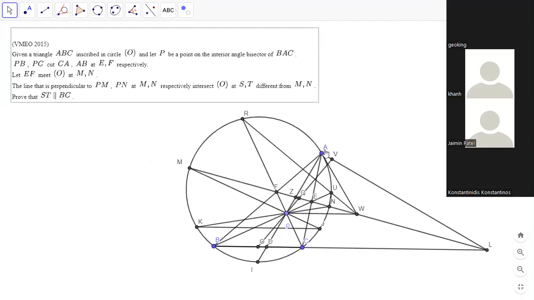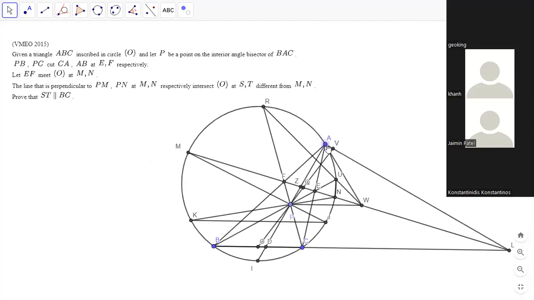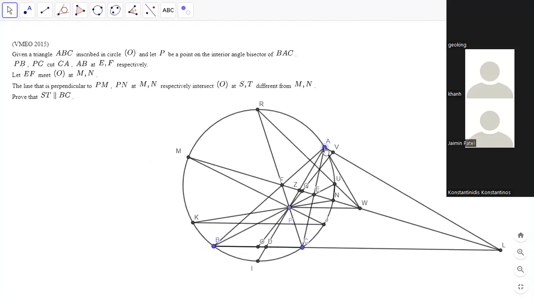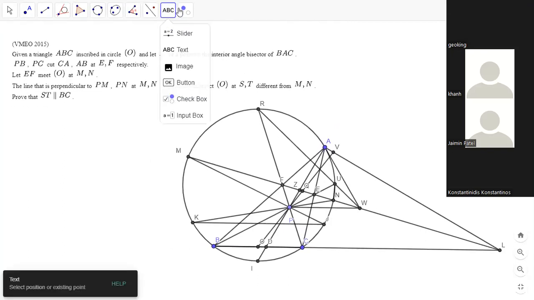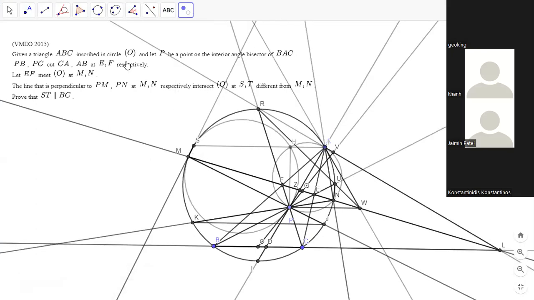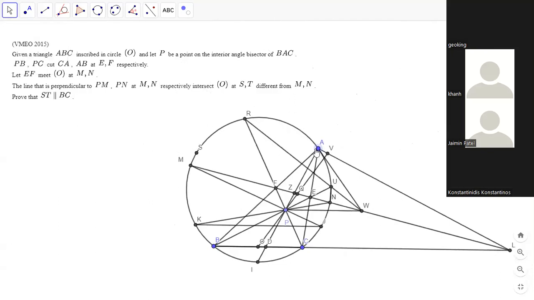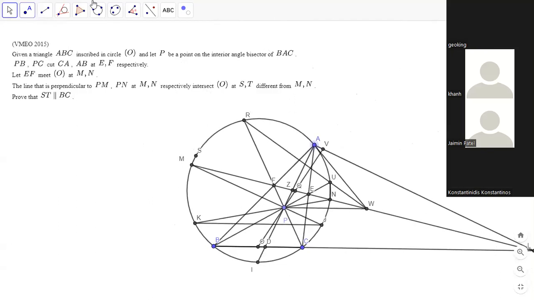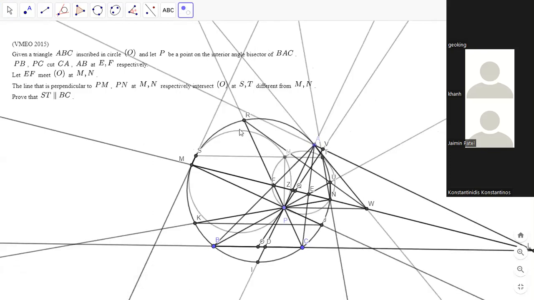Let me unhide points S. T is really hard to see. Okay.